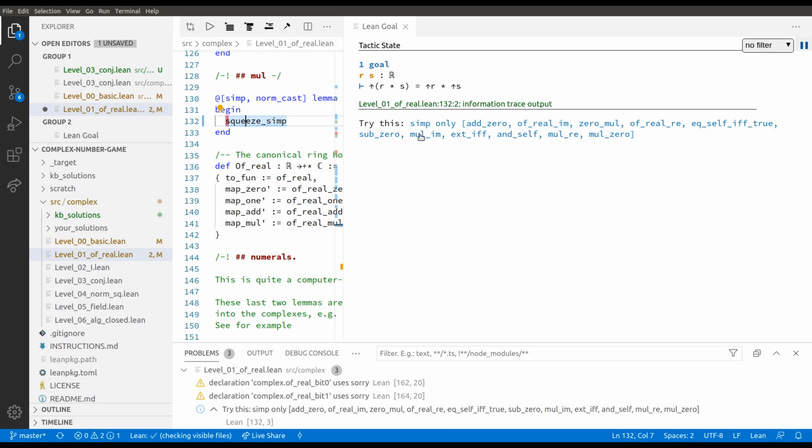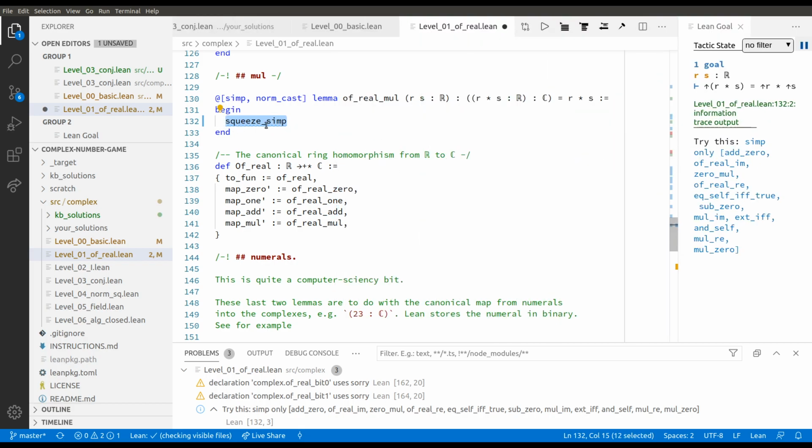So mul im xdiff mul re mul 0. There you go. Mul 0. Oh, and sub 0 as well. Ah, so in fact the imaginary part. Did we also need add 0? I'm surprised add 0 isn't there. I have no idea why it isn't. Oh, add 0 is there. That's why.